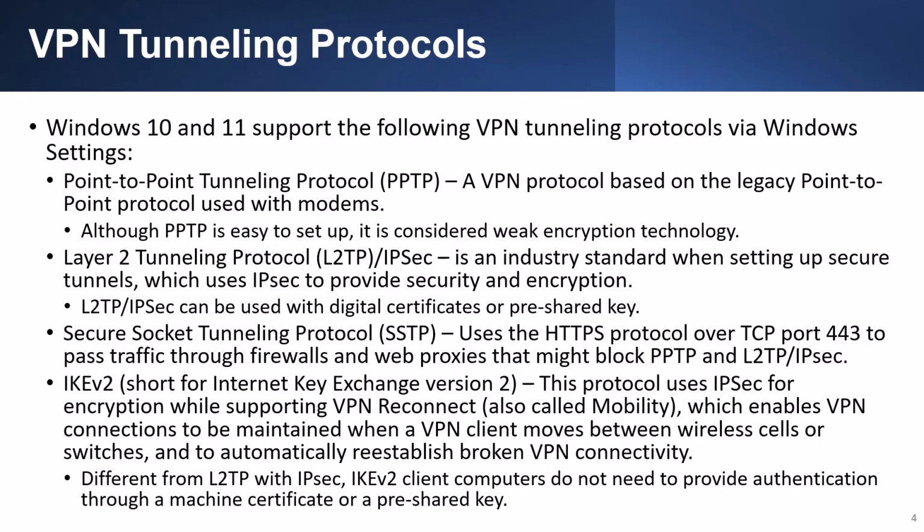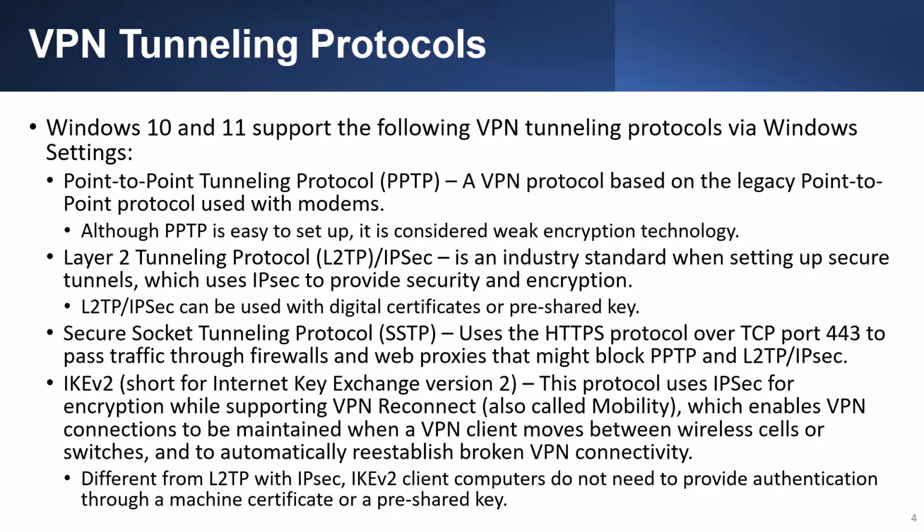Windows 10 and 11 support the following VPN tunneling protocols via Windows settings. Point-to-Point Tunneling Protocol, or PPTP, is a VPN protocol based on the legacy point-to-point protocol used with modems. Although PPTP is easy to set up, it is considered a weak encryption technology. Layer 2 Tunneling Protocol, or L2TP, with IPsec, is an industry standard when setting up secure channels, which uses IPsec to provide security and encryption.